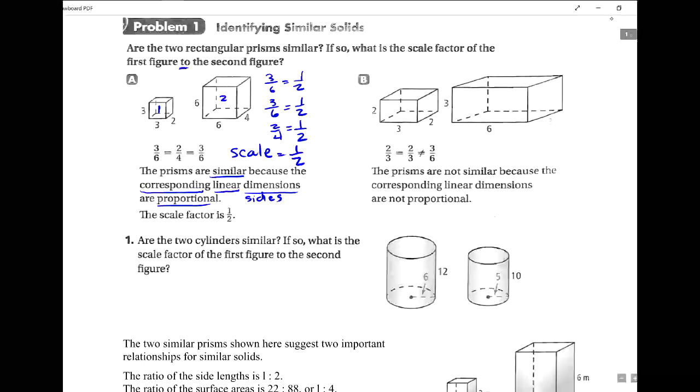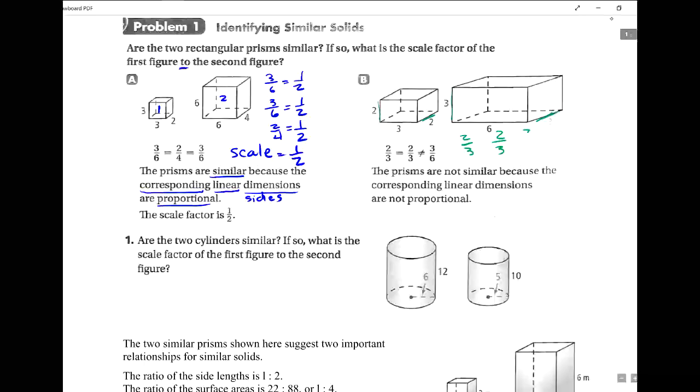We have a 2 and a 3 and a 2 and a 3 and a 6 and a 3. So let's check these. I'm going to say the 2 and the 3, 2 to 3, this one and this one. Okay, that's just 2 to 3. And we have another 2 to 3, so things are looking good. This one and this one.